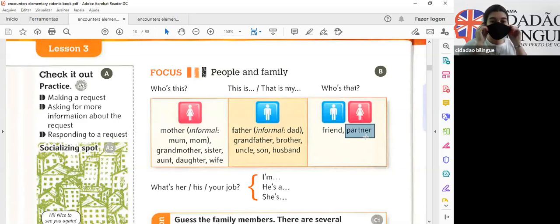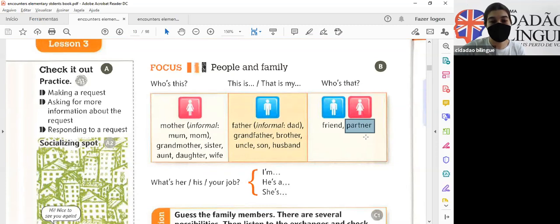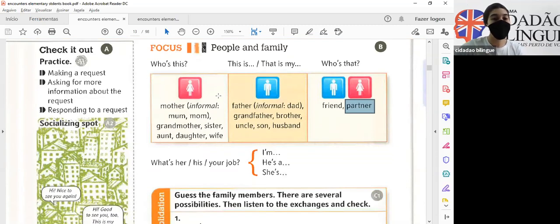All right. Okay, so mother and father are formal terms. But it's not something that is too formal. It's normal, all right? It's just that every time you are mentioning it in a formal situation, in a formal occasion, say mother and father instead of saying mom and dad.